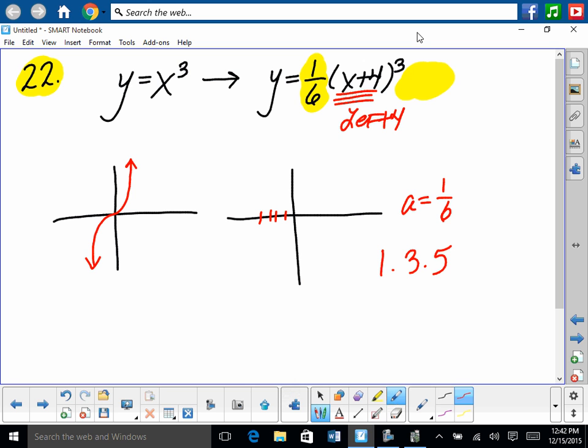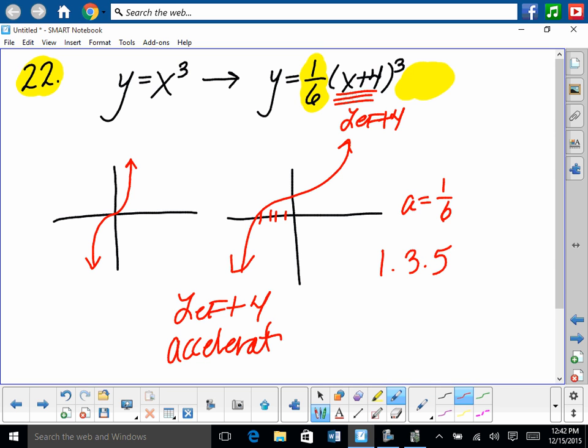So it's really stretched out. What we would say is it's a shift left 4, and then our acceleration became a stretch. So our acceleration was stretched by 1/6.